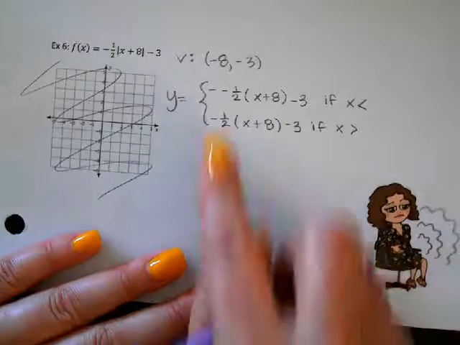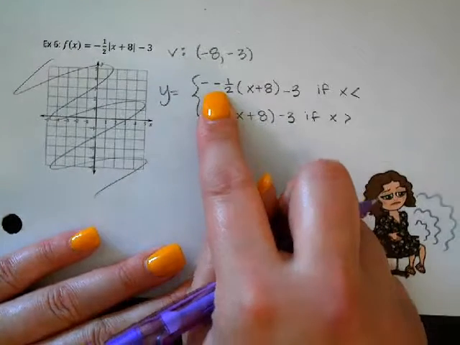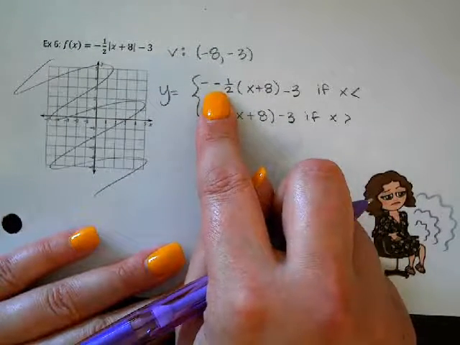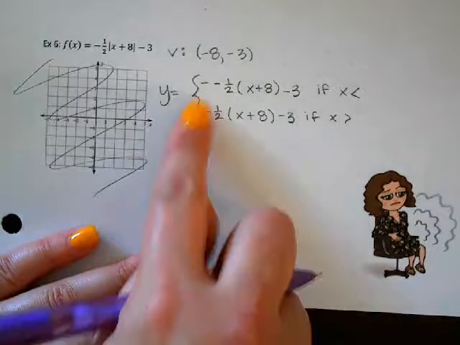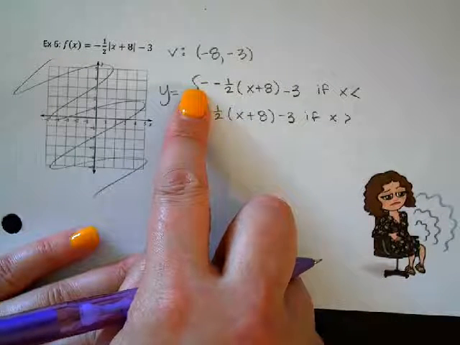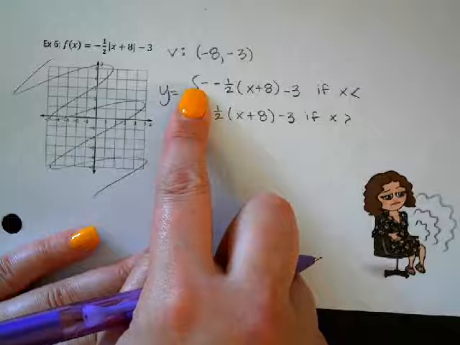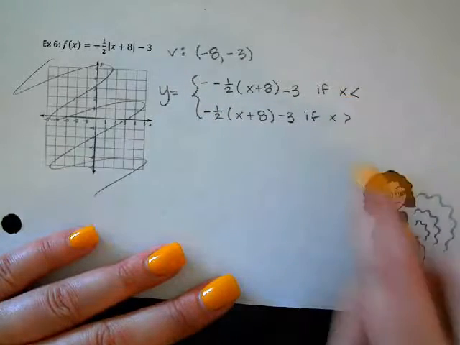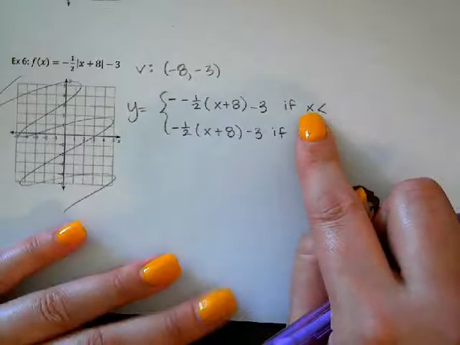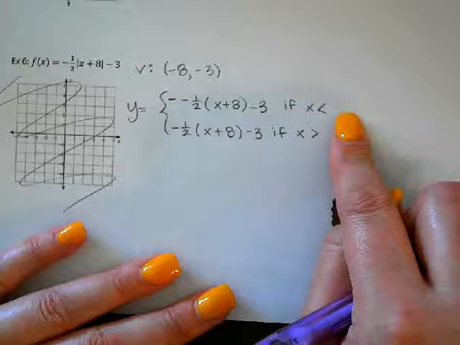I am not saying that the equation is going to end up being negative, because it's not. But I introduced a negative into the equation, and when I introduce the negative, that's the left side. Okay. So we're going to say if x is to the left of what number?